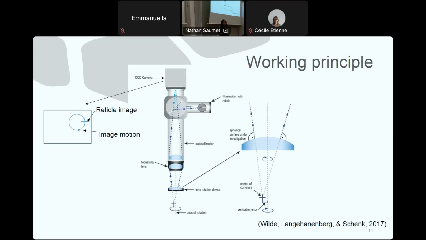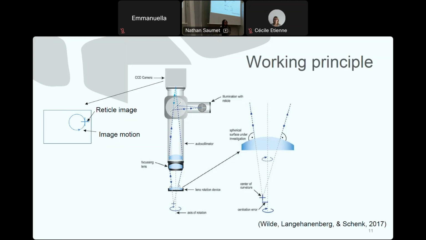And do you know if we can do the same thing but with diverging groups? Because on this schematic we only have converging groups, but with diverging groups we don't have a real image. Do you know if it will work with an unreal image? It works. Okay. Really, it works.